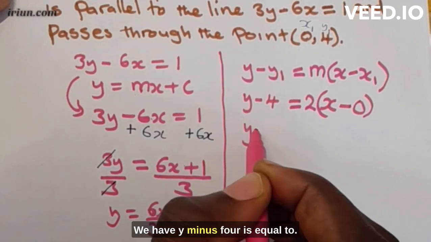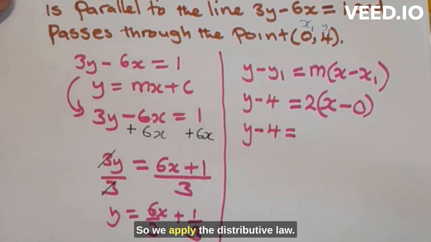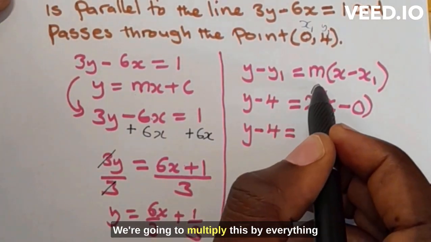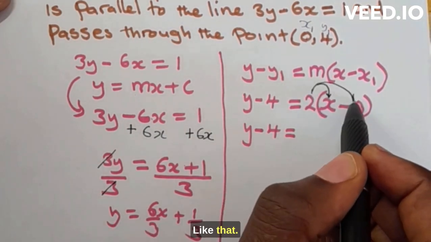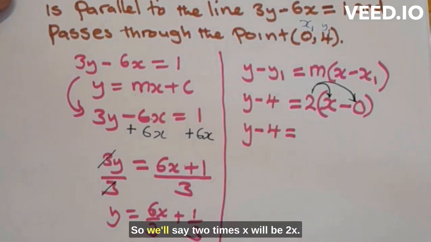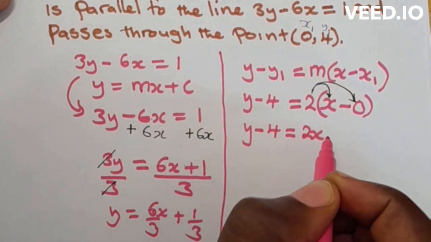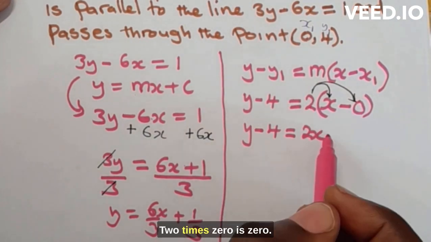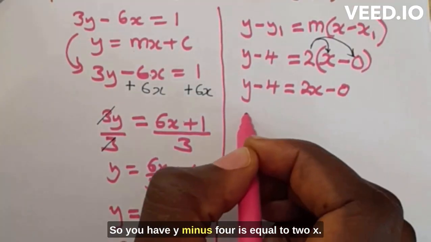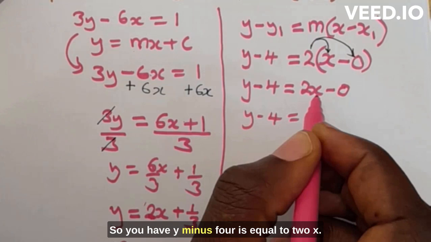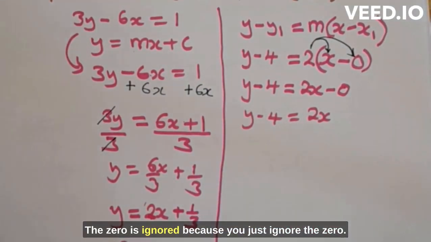Then we simplify by applying the distributive law. We multiply 2 by everything in the brackets: 2 times x is 2x, and 2 times 0 is 0. So you have y minus 4 is equal to 2x. The 0 is ignored.